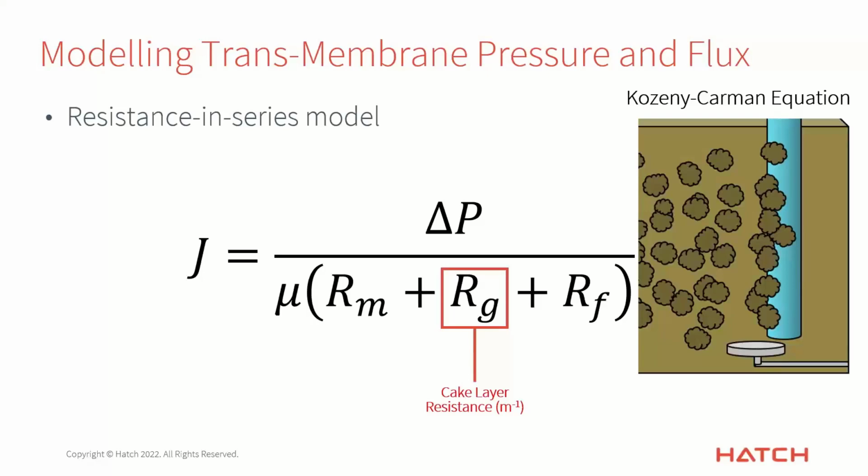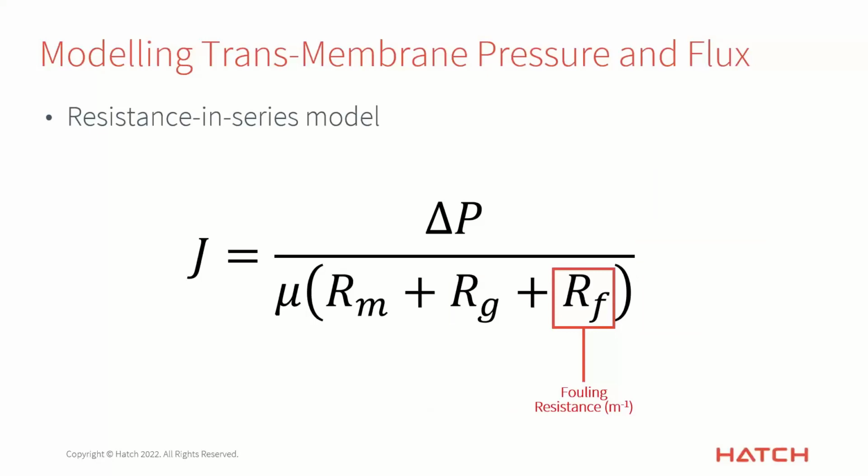So we get a solids thickness, and then from there we can calculate a resistance. There's a few parameters involved, and there's a couple of equations to go through. I won't go through them here in detail today, but what I do recommend is taking a look in the GPS-X technical reference. I believe it's chapter 6. There's actually several pages that describe all the process we go through to get from solids to cake layer resistance.